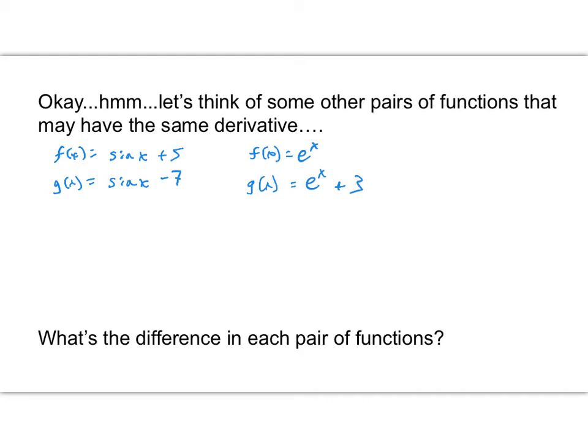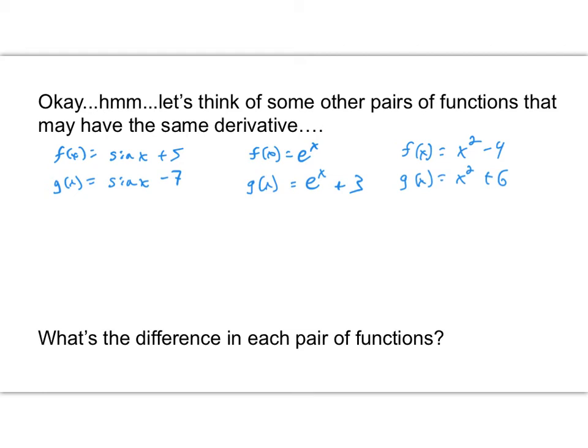Both of those have the same derivative. Or maybe f of x is equal to x squared minus 4, and g of x is x squared plus 6. In each and every case, all of these pairs of functions have the same derivative.